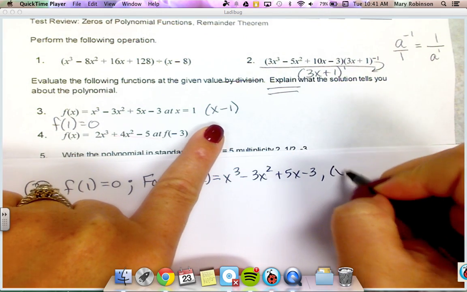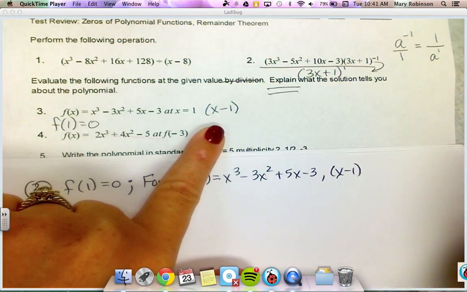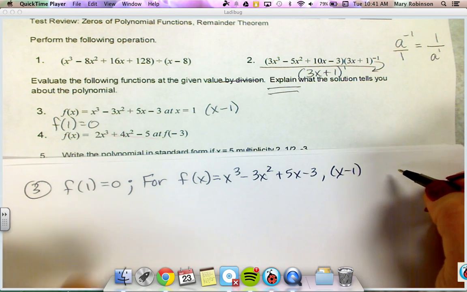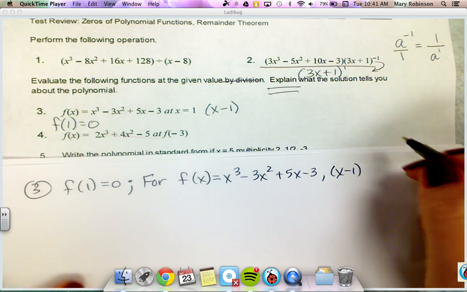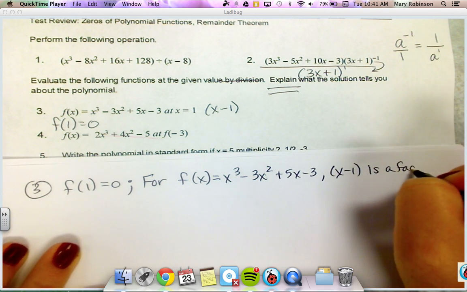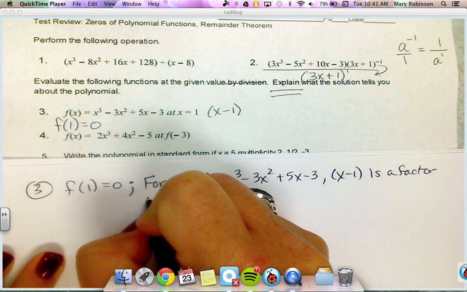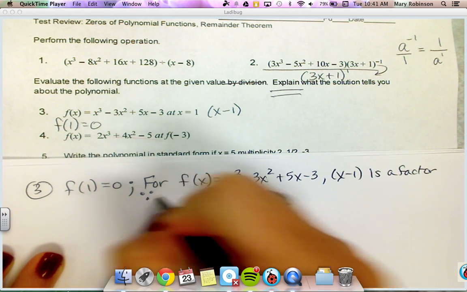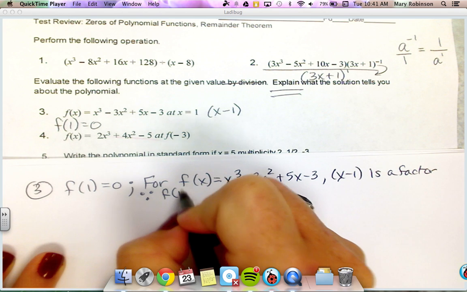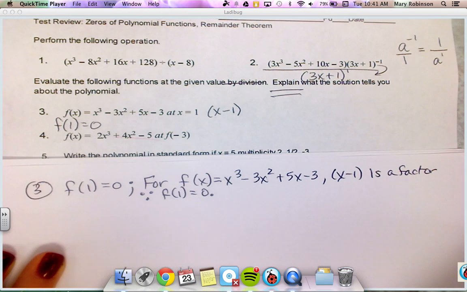Then you can say x minus 1, and then tell me if it is a factor because it equals 0, or it's not a factor because it does not equal 0. So in this case, we would say that x minus 1 is a factor because, remember your inverted little triangle, the 3 dots, because f of 1 equals 0.